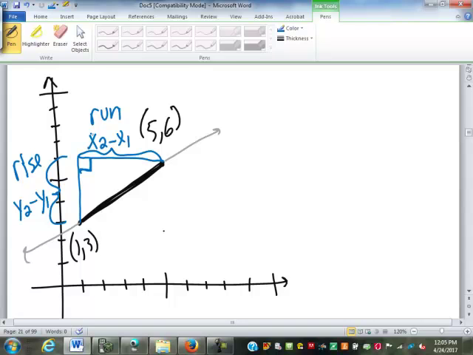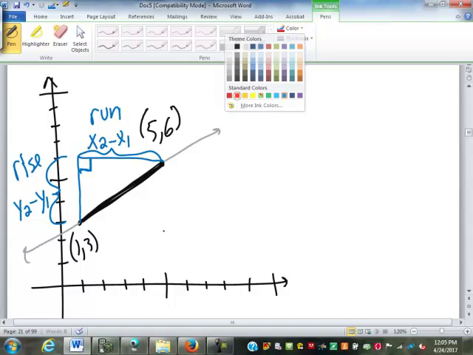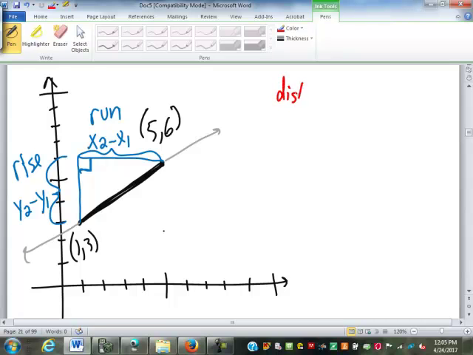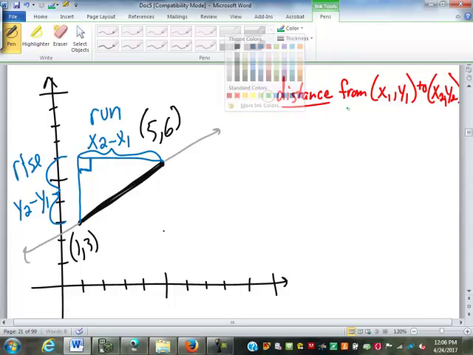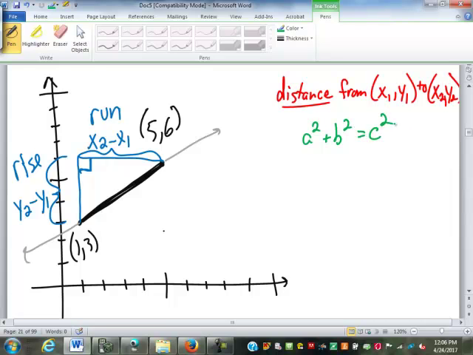They're always perpendicular. If I want to know this time the distance between points 1 and 2, so the distance from x1, y1 to x2, y2, if I look at this, this is a right triangle, and we can just go back and use a squared plus b squared equals c squared.